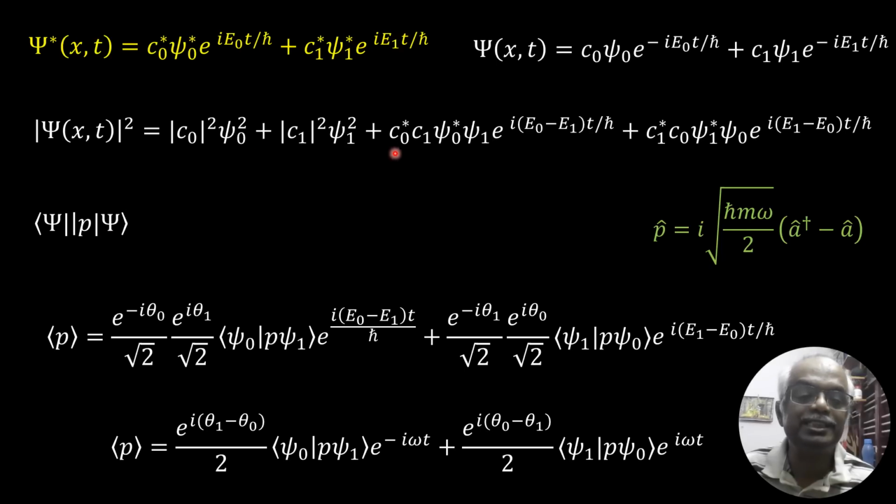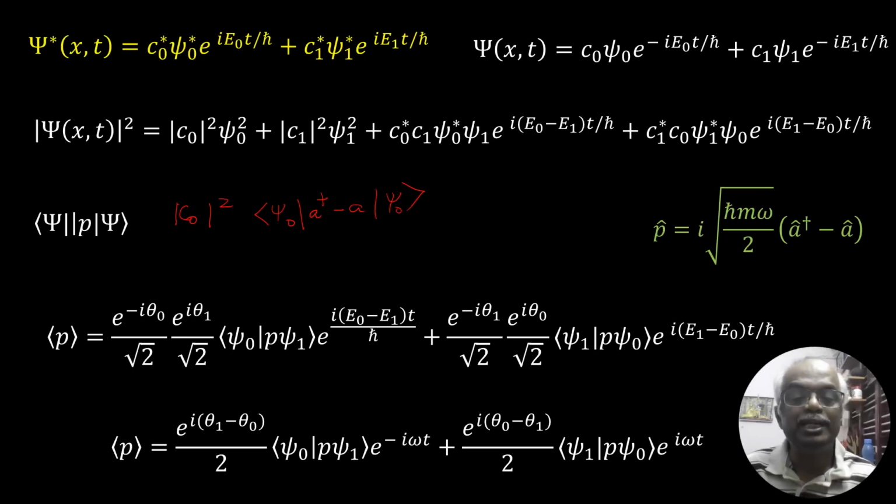If you take this to the right-hand side and take the first term, it will be |c0|² times ⟨ψ0|p|ψ0⟩. For the time being, forget the square root term. So you take the inner product with (a† − a) acting on the same ψ0.